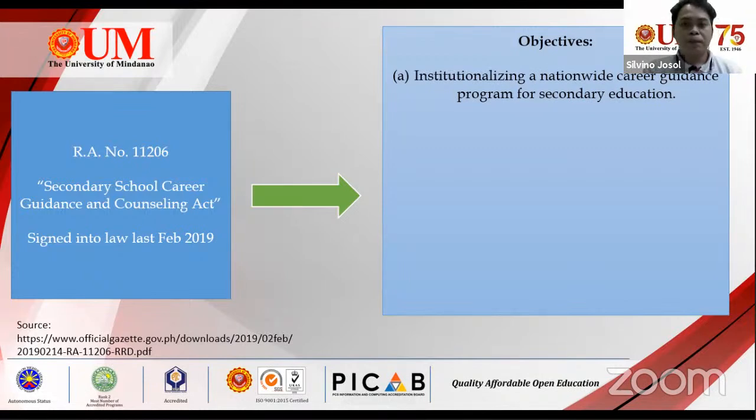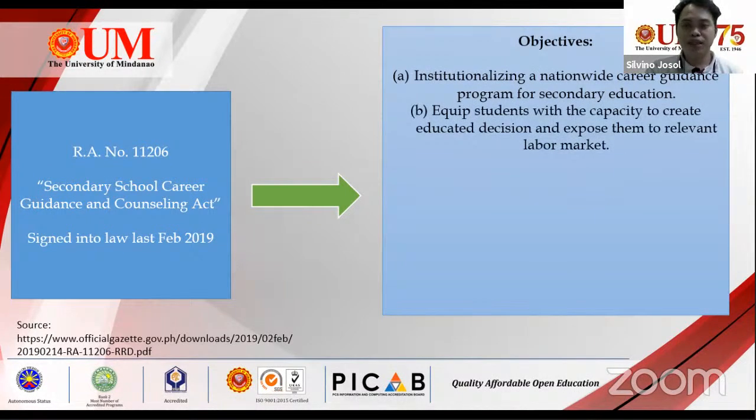So the aim of this policy or of this law is to push forward the importance of career guidance and counseling centers in each secondary school, especially because they will be the frontliners of advocating career counseling and career planning.